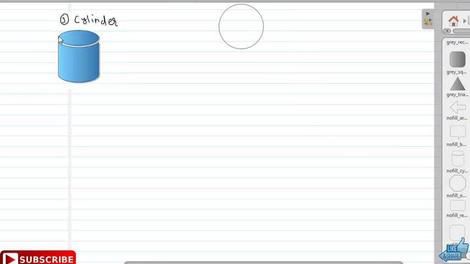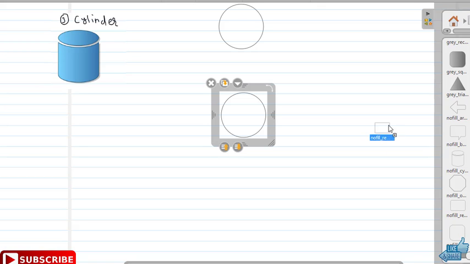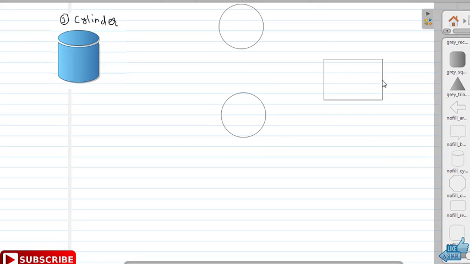The same circle is at the bottom. Correct? And in between there is a rectangle.